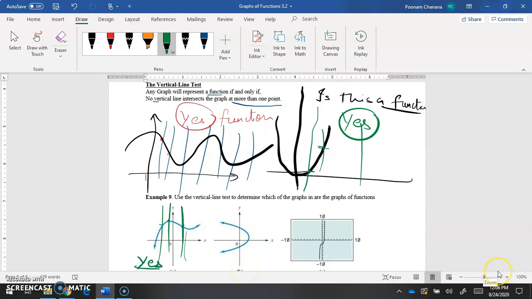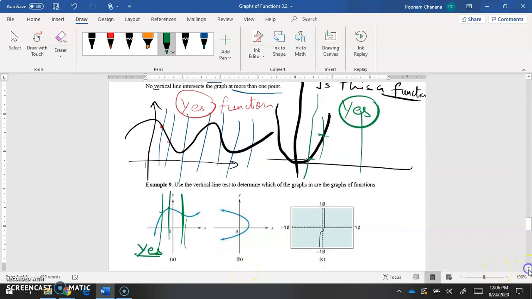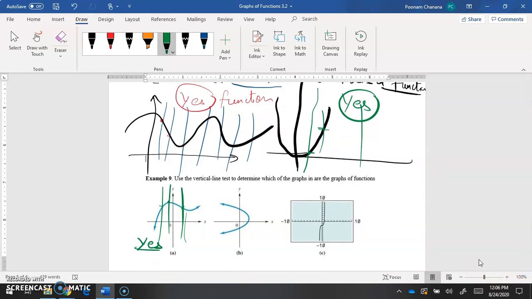What about our second diagram here, part B? If I draw a vertical line here, how many points does it meet the graph? 2 points. Is it possible? No. This graph is not a function because we can draw more than one vertical line which meets the graph in more than one point.